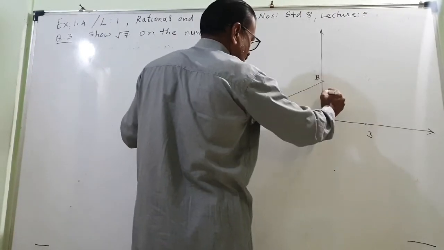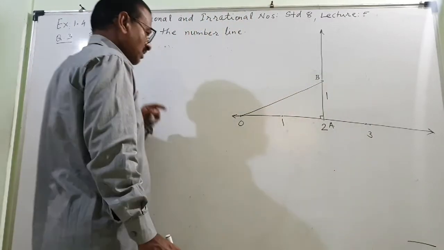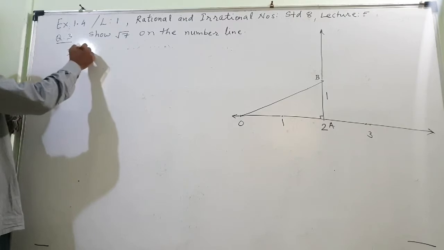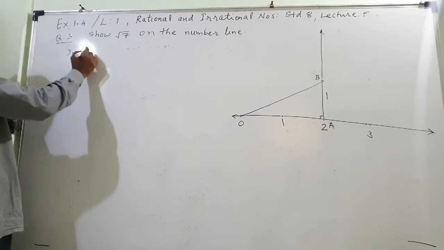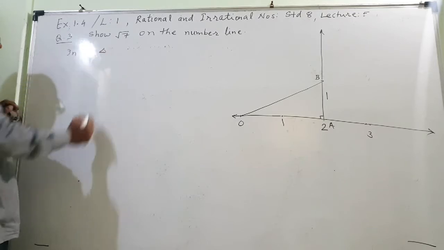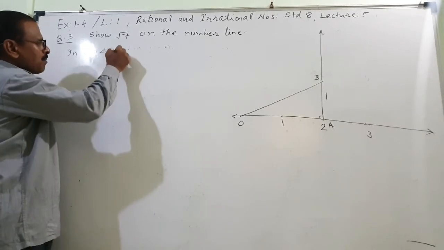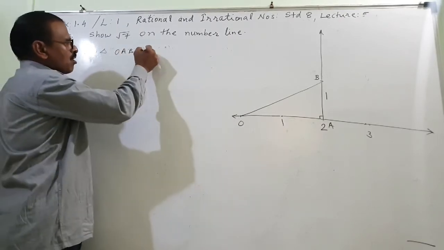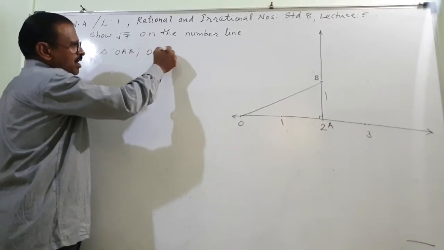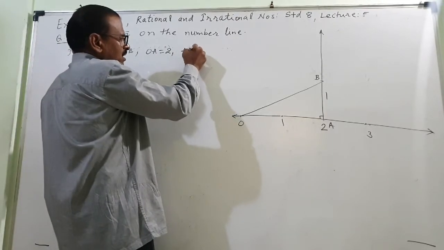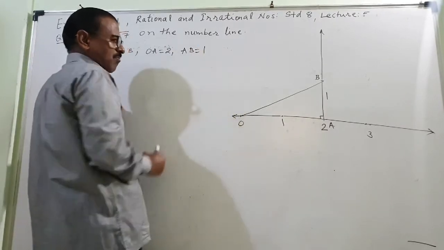This distance is 1. In RT triangle OAB, OA equal to how much? OA equal to 2, AB is equal to 1 as earlier.